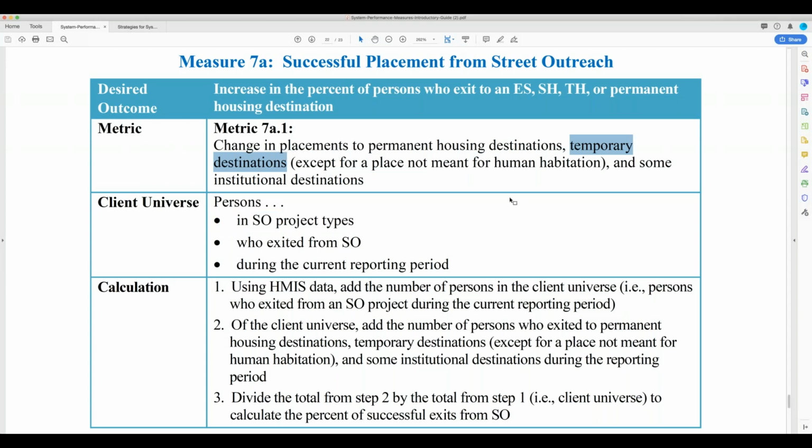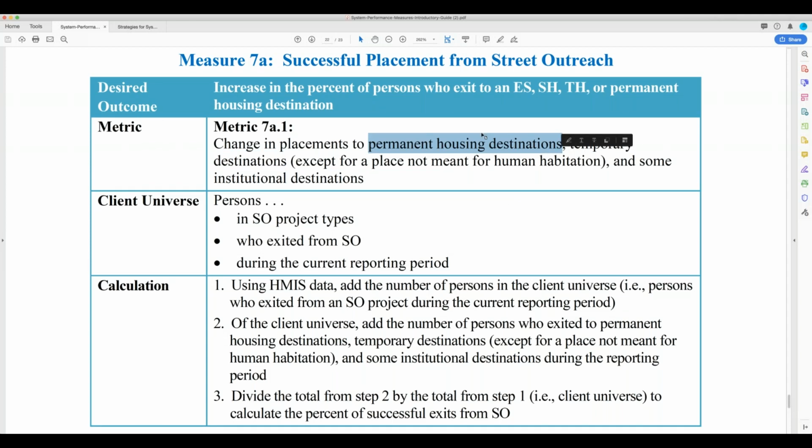That is maybe a positive outcome in our minds in terms of the safety and stability and ability for engagement of that individual. But in terms of this particular metric, this metric is saying we're really only counting as a positive destination anyone who's discharged directly from the street to a permanent housing location. Okay, so that's the bar that is set by this metric.